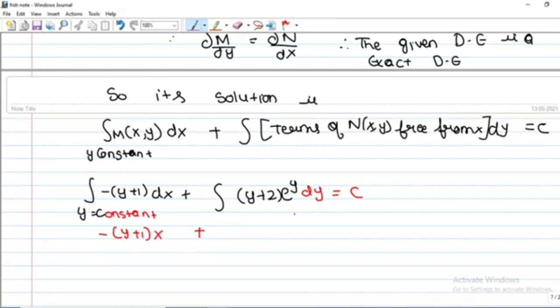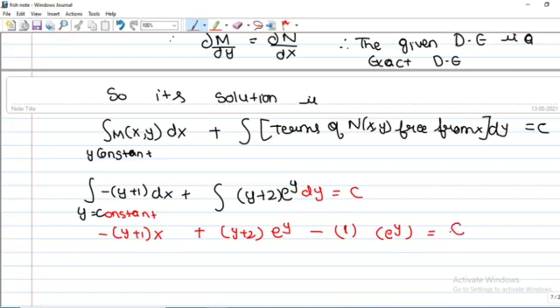Whenever in the product rule, algebraic, trigonometric and exponential, these three functions appear as a product, you can directly use the trick which I told you, that identify u and v. So you can clearly make out that this is your u, so it will be as it is, into the integration of this, which will be this, minus, now you have to differentiate this, which will give you 1, right? And then the integration of e power y again, this one. So here we will stop because the y terms ended here.